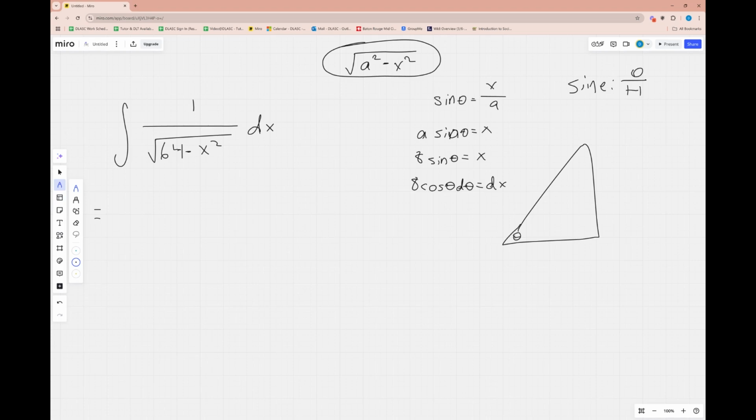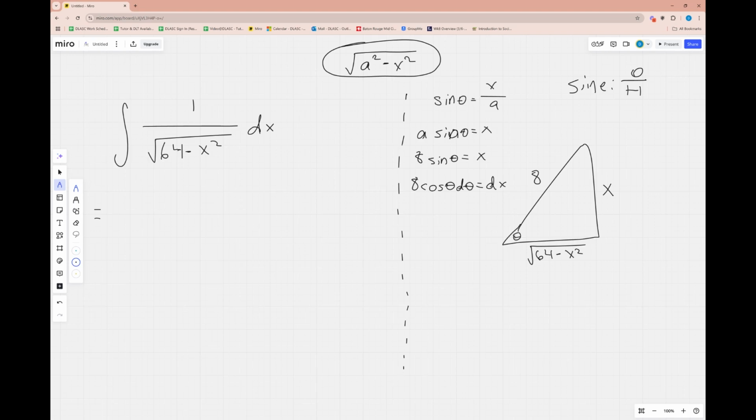Okay, that helps me remember that x is always going to be on the opposite. Square root of 64, which is a, right? A is going to be here as the hypotenuse, and then whatever is left, the square root of 64 minus x squared, is going to be this adjacent side here, okay? Now, if I look back at my integral, I see that I'm going to have to substitute for that radical expression.